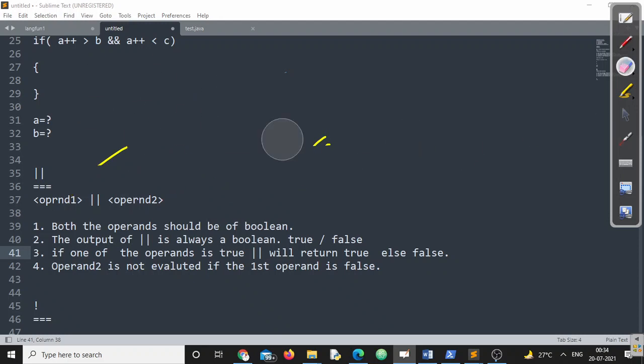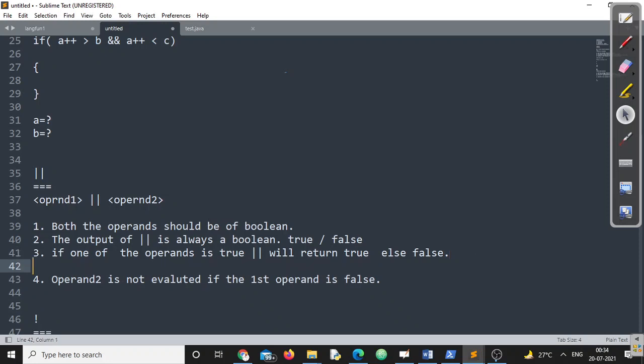That means if you want to add that point, you can also add that point. Instead of writing such a long statement, you can write: it will produce false if both the operands are false, and in all other cases it produces true.